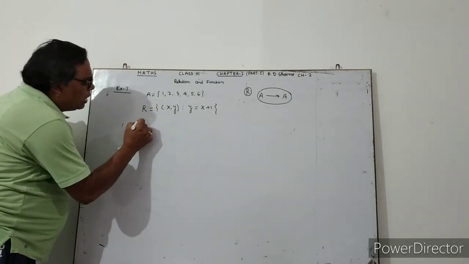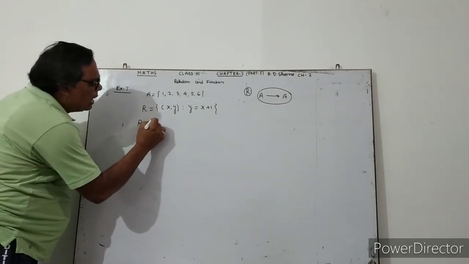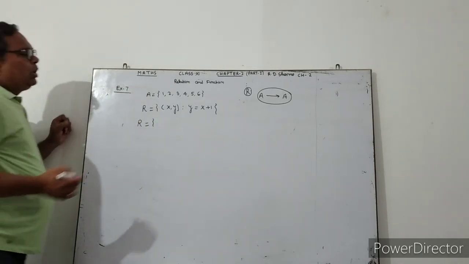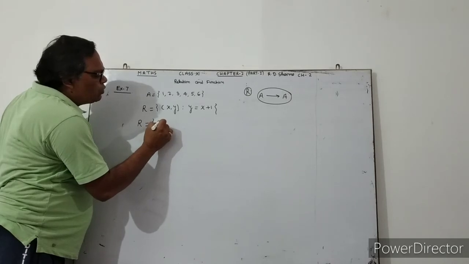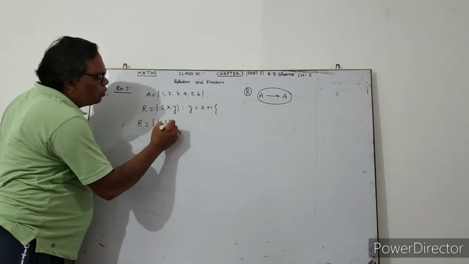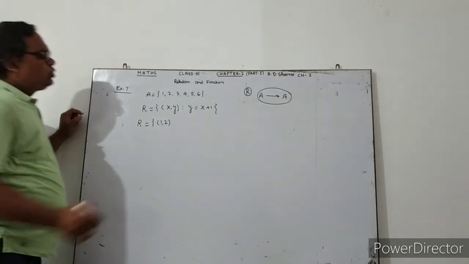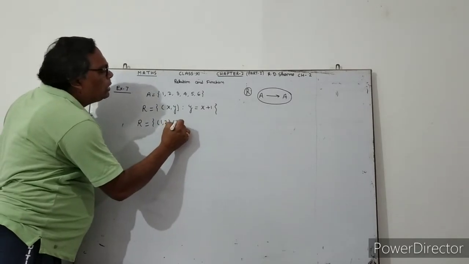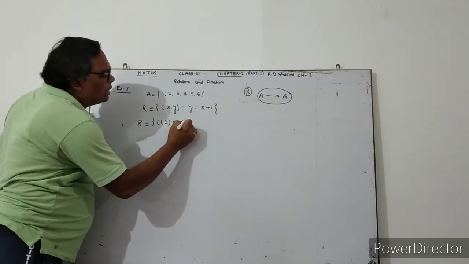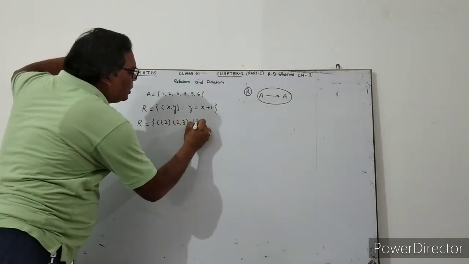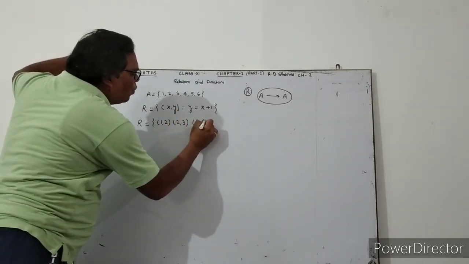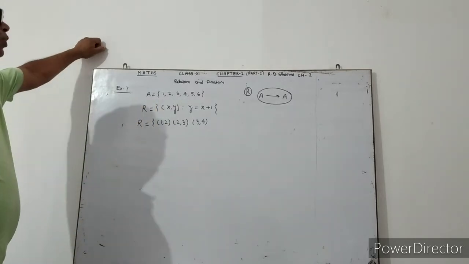Then which elements will come in the relation? Take x as 1, then y is 2. When x is 2, y is 3. When x is 3, y is 4.